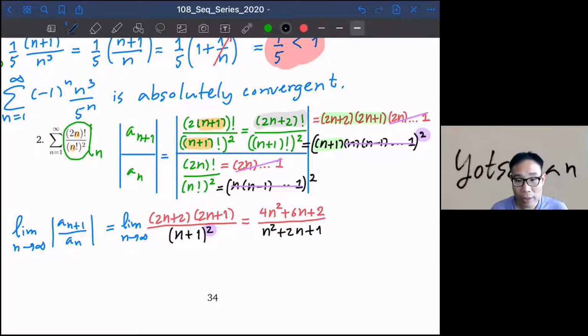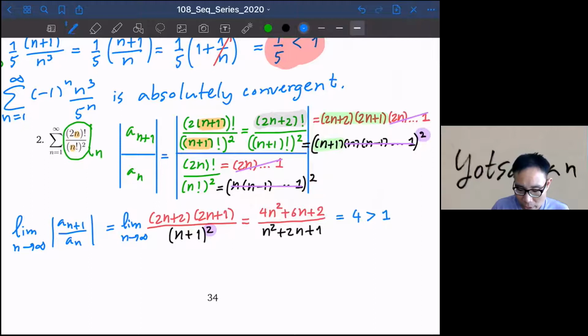And you take the limit as n goes to infinity. So this one will become 4. Okay, so this limit turned out to be equal to 4, which is positive, and it turned out to be more than 1.